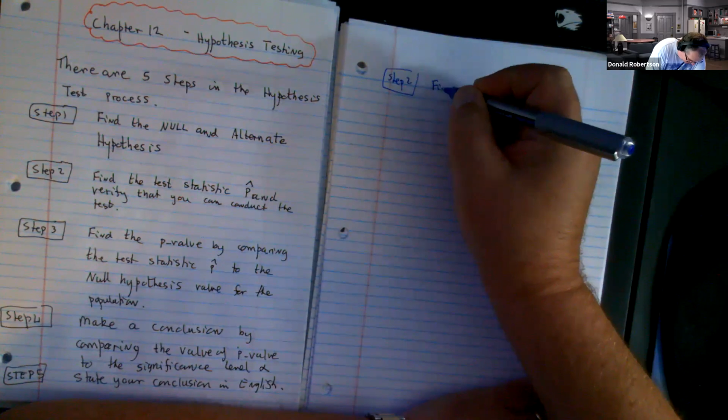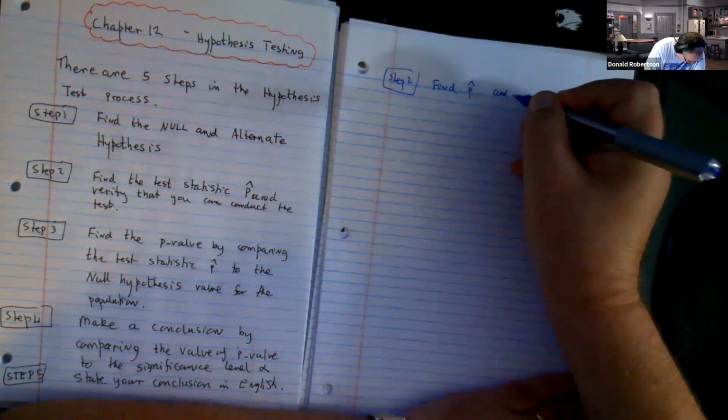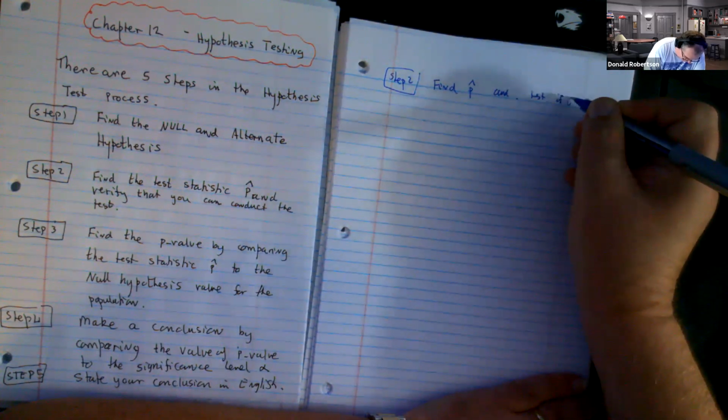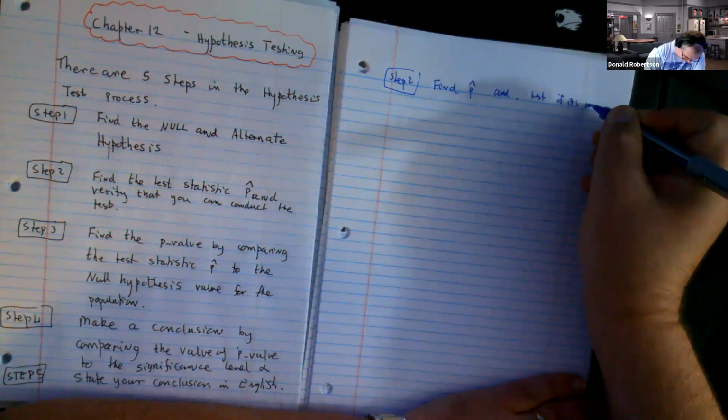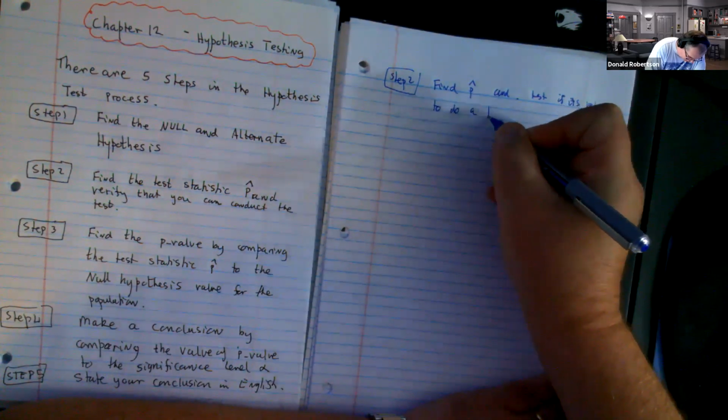So we're going to find p hat and test if it's valid to do a hypothesis test.